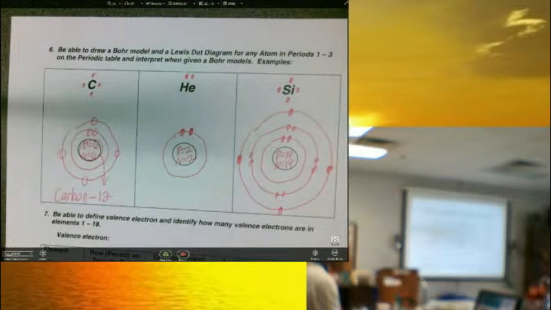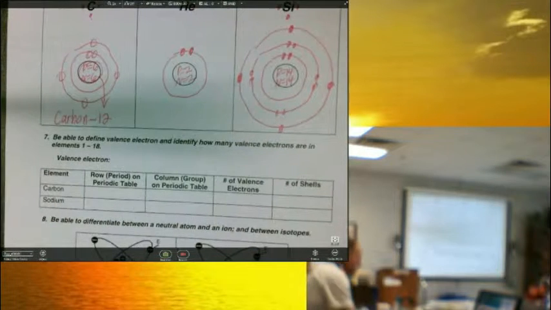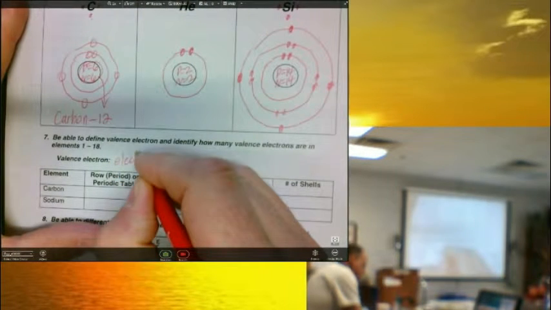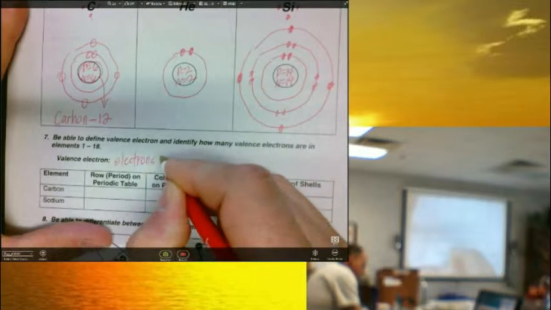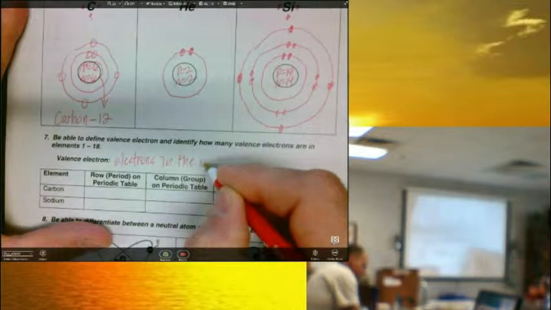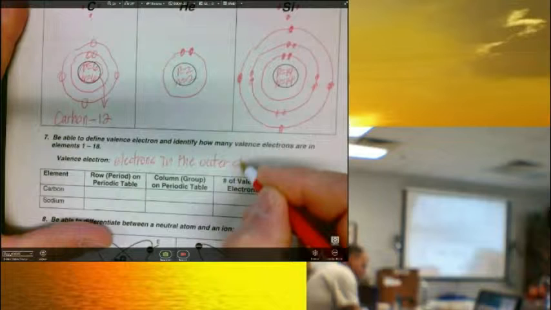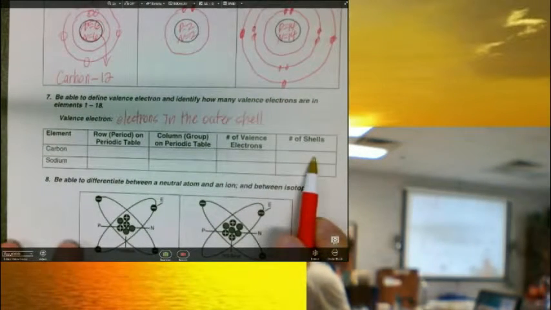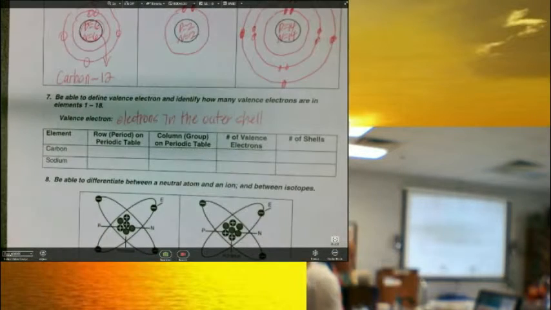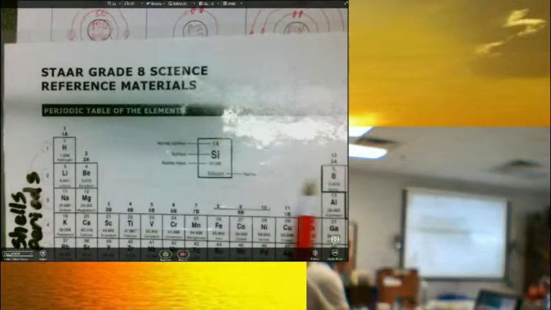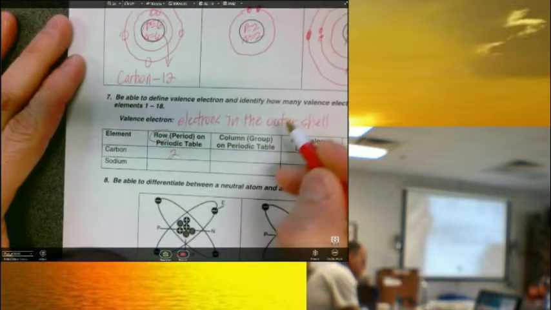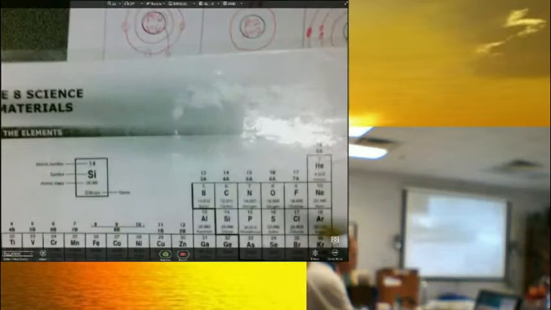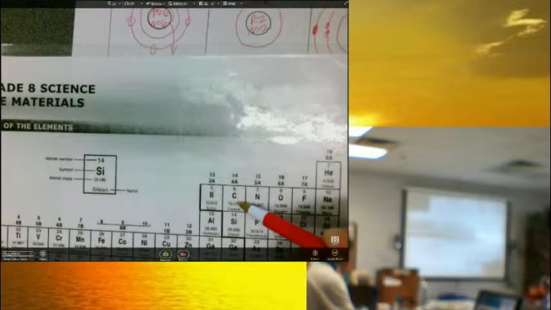Okay, number 7, you should be able to define what a valence electron is, and that is the electrons in the outer shell. Using the periodic table, you should then be able to find the number of valence electrons and the number of shells. Carbon is in row 2, so you would write 2 here. This is row and this is column. Carbon is in column 4A.